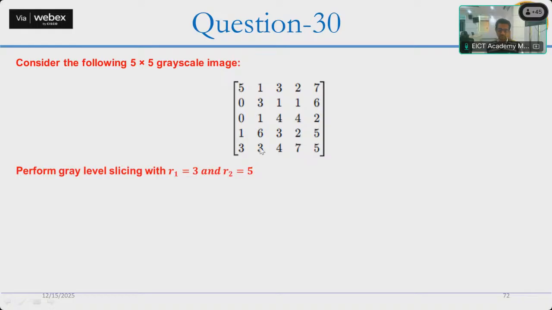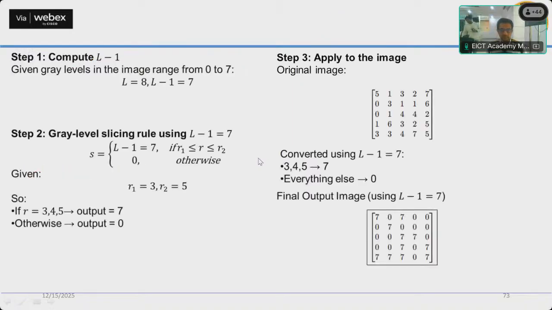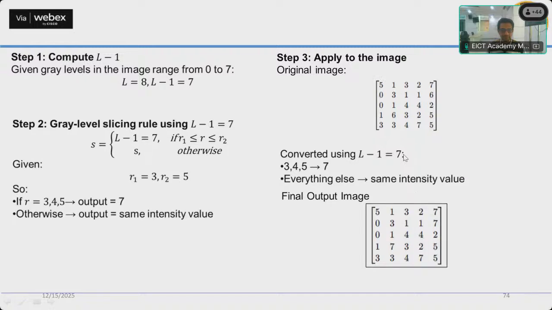If it is not background, then the value will be 0. That has been shown here, in gray level slicing. So when nothing is given, we take it without background, and then we calculate this value.